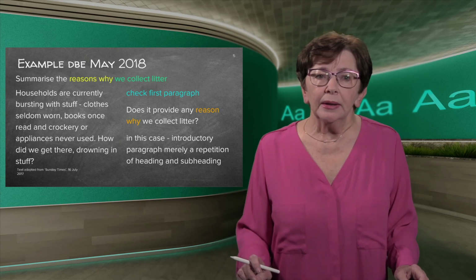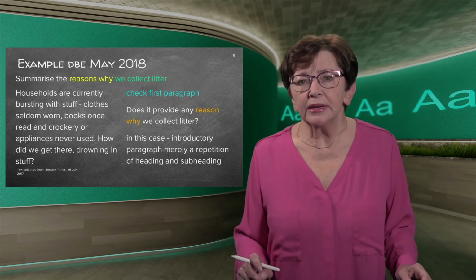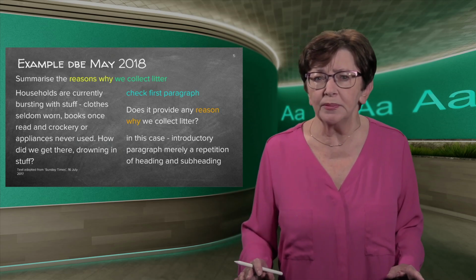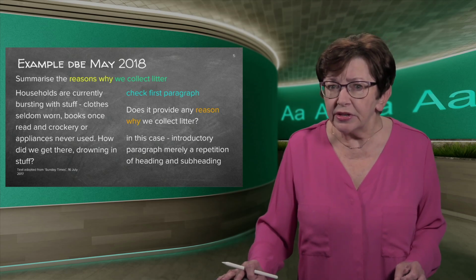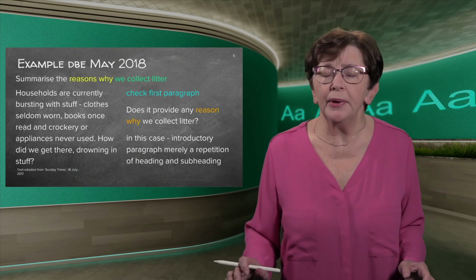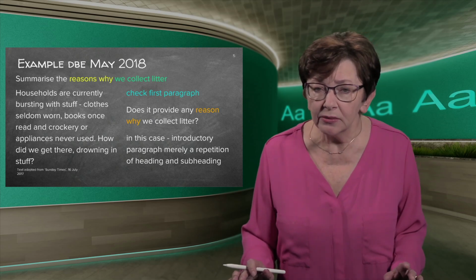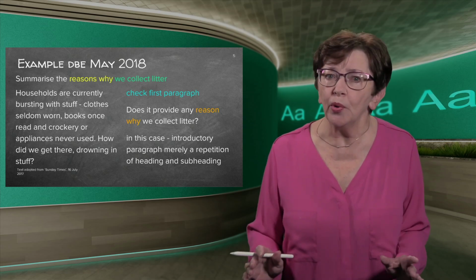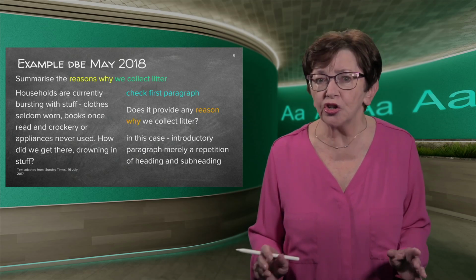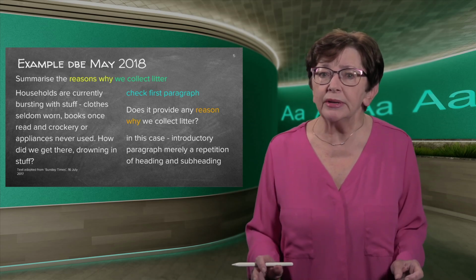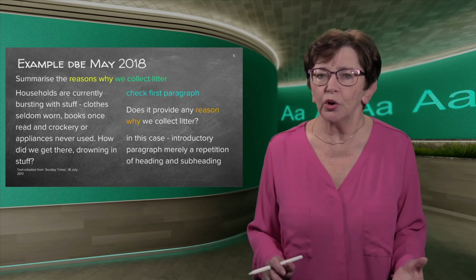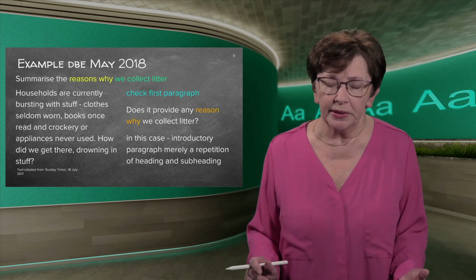Now, the next thing to look at is your introductory paragraph. As I said, you don't have so much time, so take this as a tip, as a little rule of thumb, that usually, not always, but usually, you can scan it quickly, usually there is no point in the first paragraph. It's just a general introduction. And you'll see that in this case, the introduction is just a reiteration of what was said in the heading and subheading.